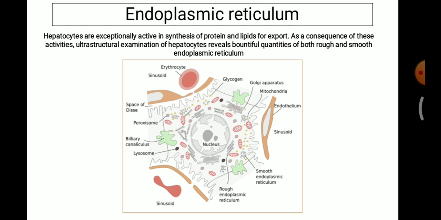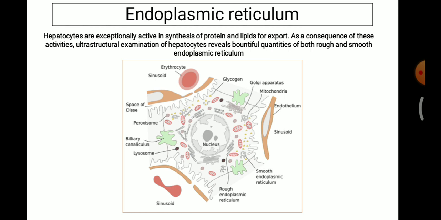Next is endoplasmic reticulum. Hepatocytes are exceptionally active in synthesis of proteins and lipids for export. As a consequence of these activities, ultrastructural examination of hepatocytes reveals bountiful quantities of both rough and smooth endoplasmic reticulum.